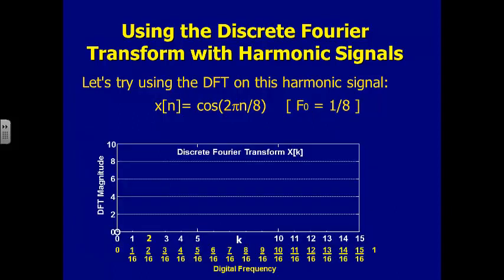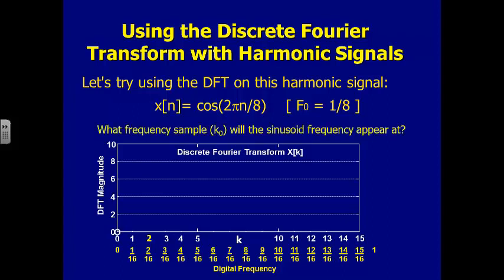Okay, so we take the range of digital frequency from 0 to 1. We're going to get samples at 0, 1 over 16, 2 over 16, 3 over 16, and so on. And if we sample this particular cosine that has a digital frequency of 1/8, and we know the resolution is 1 over 16, we can compute that index number 2 is where this frequency spike is going to show up.